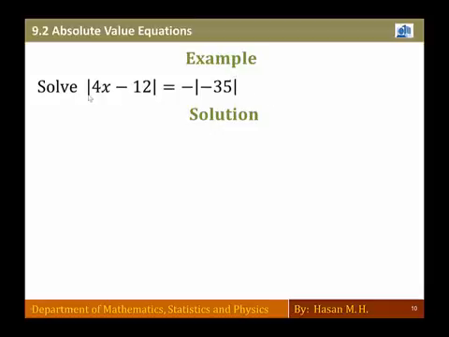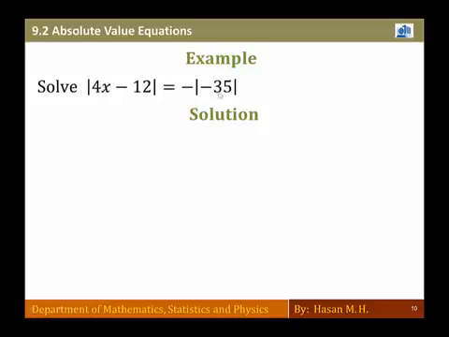Example: solve the absolute value of 4x minus 12 equals negative the absolute value of negative 35. To solve this, we need to find the absolute value of negative 35.